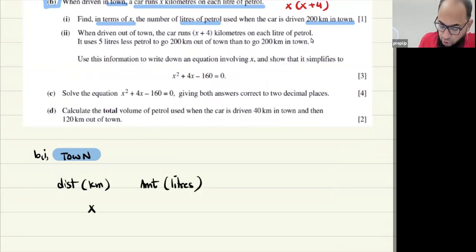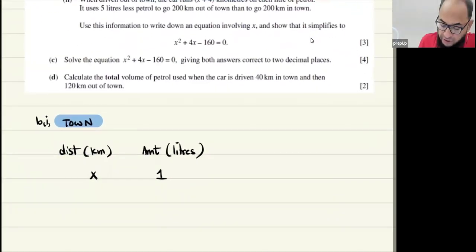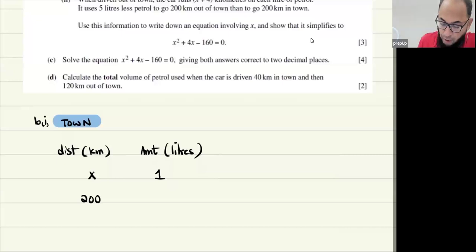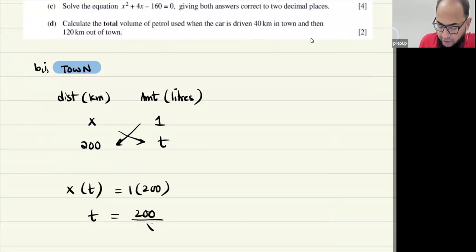Now it says x kilometers on 1 liter of petrol, and now we are talking about 200 kilometers on t liters of petrol. So if I do the cross multiplication, it goes like this. x into t is 1 into 200. Therefore, t comes out to be 200 over x.